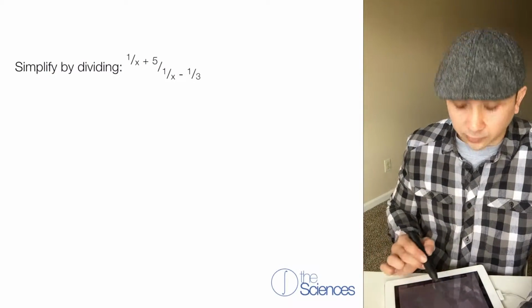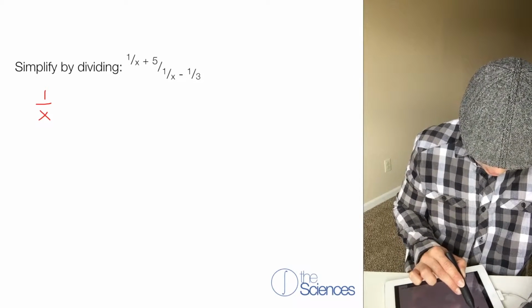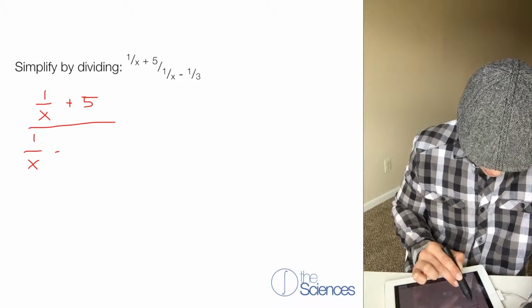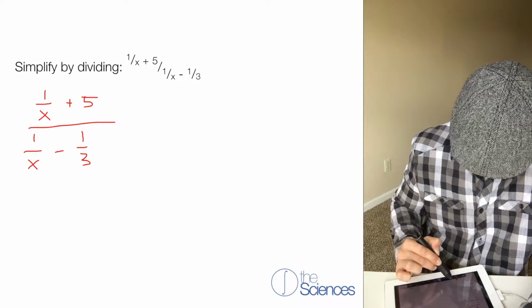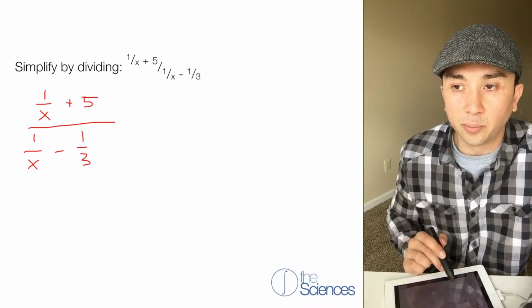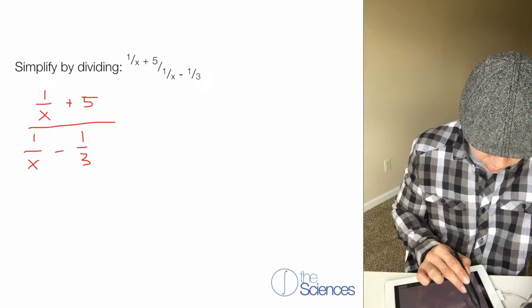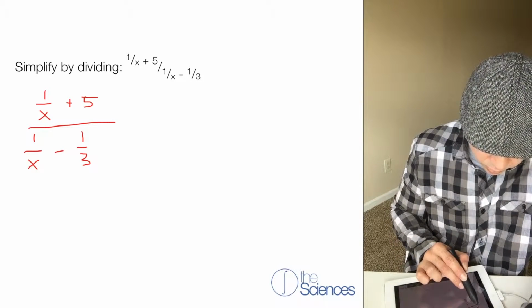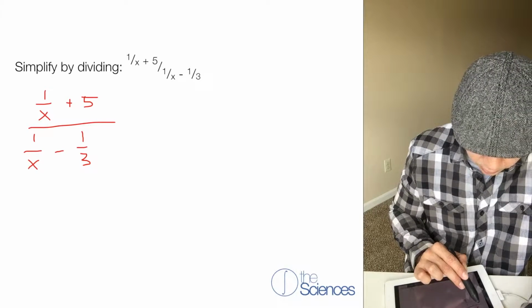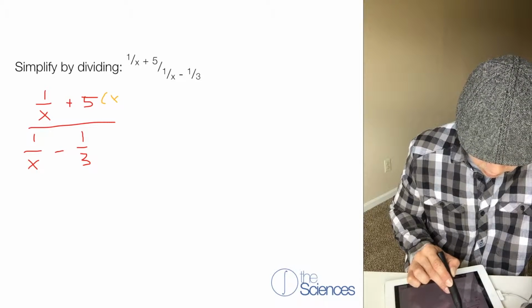Let's simplify by dividing. Here we have 1 over x plus 5, over 1 over x minus 1 over 3. The first thing we want to do is get the numerator and the denominator to have the same denominator. For 1 over x plus 5, in order to get a denominator of x, we have to multiply 5 by x over x.